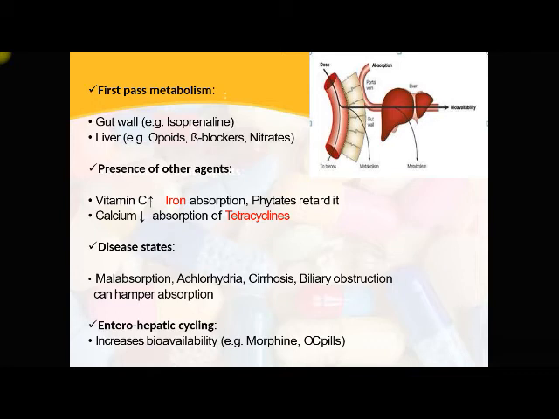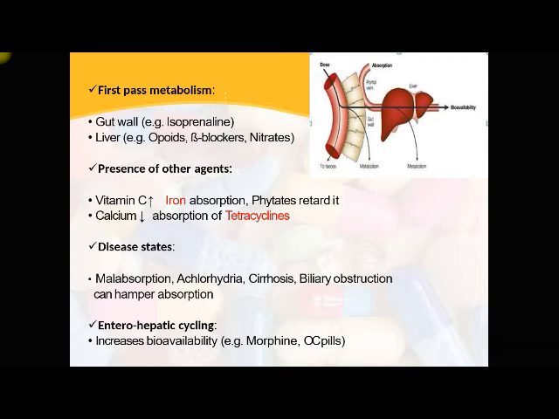Cirrhosis is related to the liver. Biliary obstruction is related to the bile duct. If something obstructs the flow of bile through the bile duct, that is biliary obstruction, and it is known to hamper the absorption of certain products. Lipophilic substances depend on bile acids for their absorption to happen.